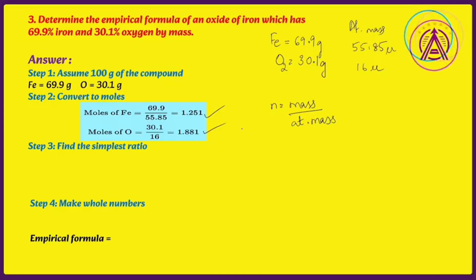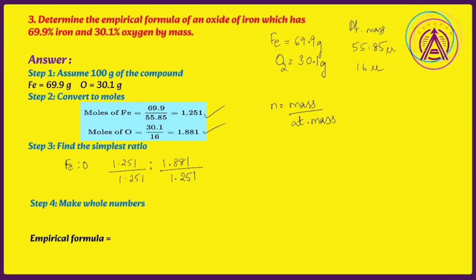In step 2, we are supposed to find the simplest ratio of these moles. I told you, the lowest moles that you have, you divide all the values by it. So iron is to oxygen, I can write it as 1.251 divided by 1.251 is to 1.881 divided by 1.251.